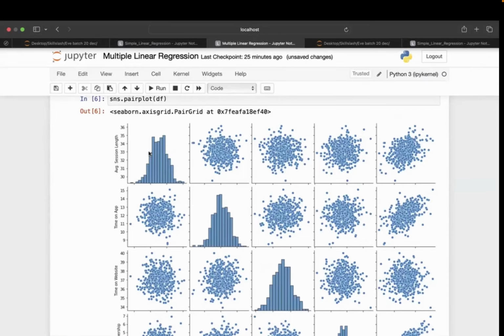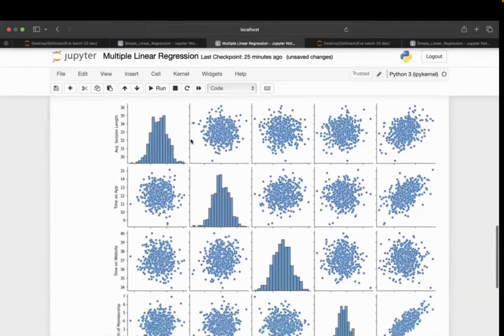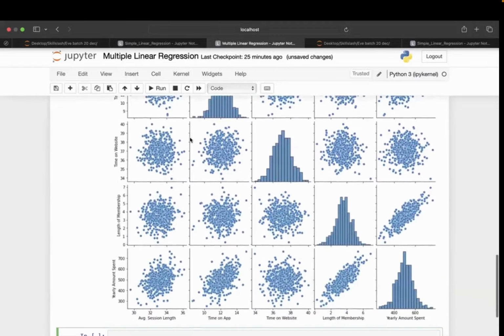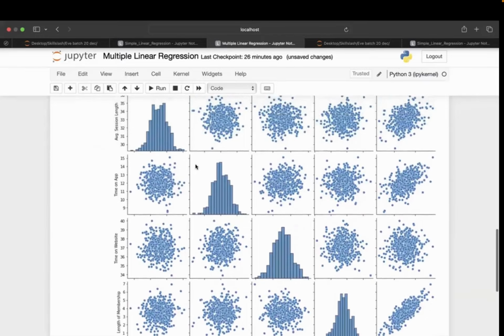Do we have some outliers in the data set? What do you think? Isn't it looking a bit normally distributed? Yes.